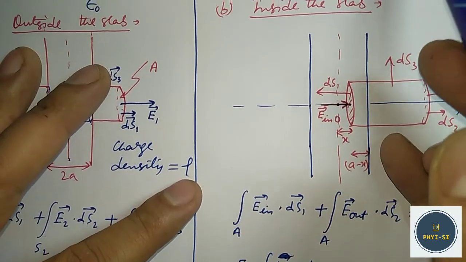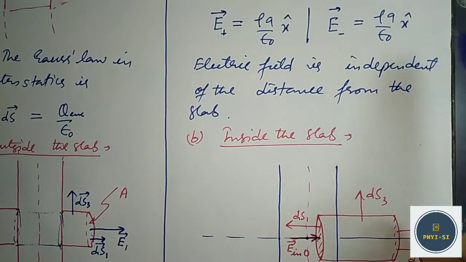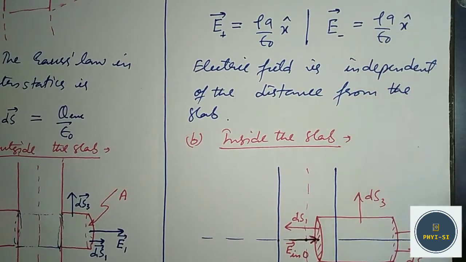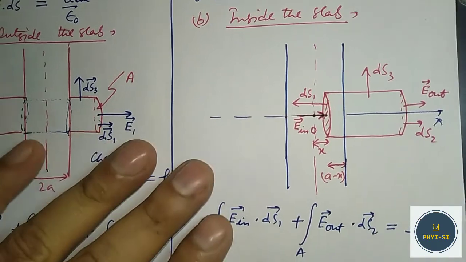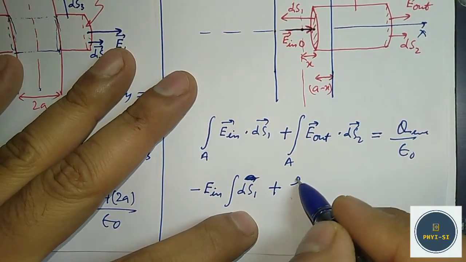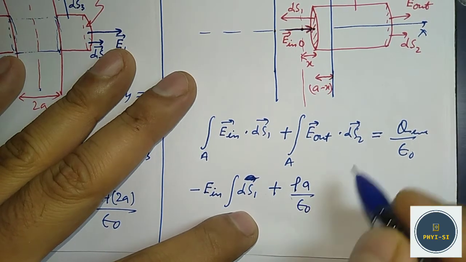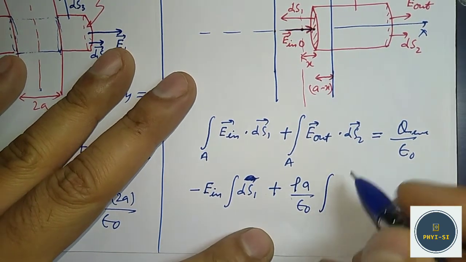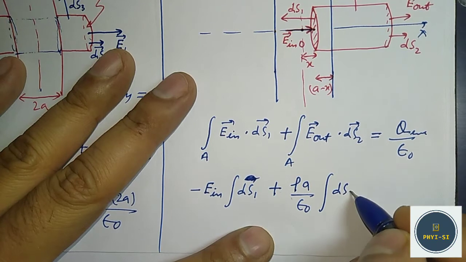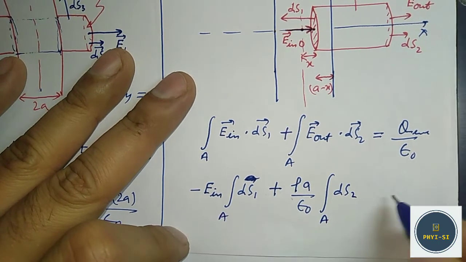E out we have already calculated, it is equal to rho A upon epsilon naught. So it will be rho A upon epsilon naught, and then the integration of ds2 over area A.